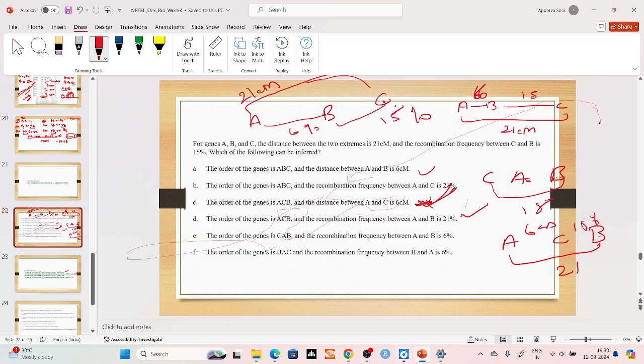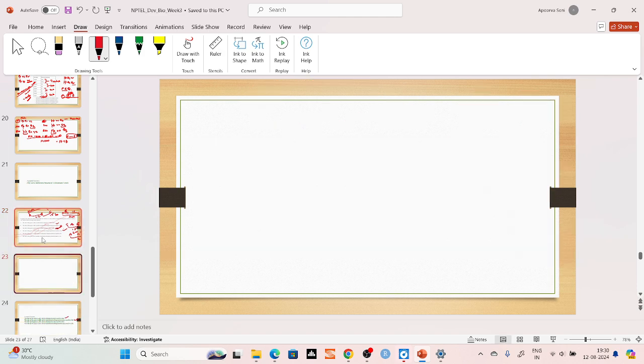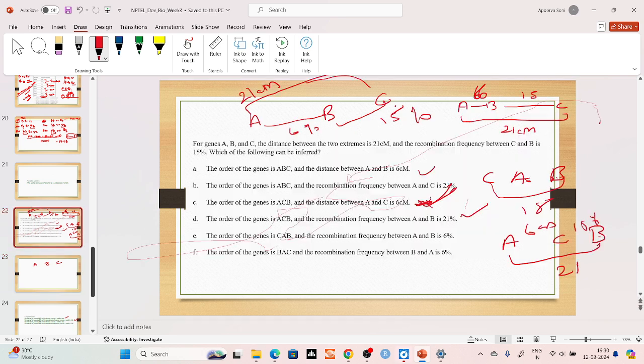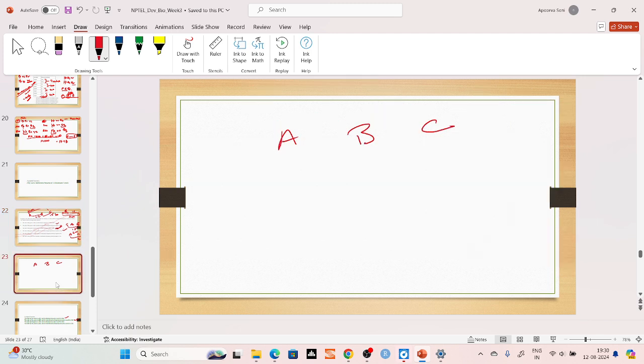Yeah, so I'll just explain this question to you now. See, three genes are there, A, B, and C. As of now, we don't know what is the order of the genes. We just know that the distance between the two extremes is 21 centimorgan. That means three genes are there, so the distance between the first gene and the third gene is 21 centimorgan.